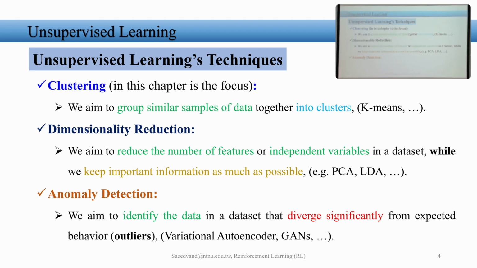On the other hand, the third most common class for unsupervised learning is anomaly detection. Anomaly detection is to identify data that diverge significantly from the main data that we have, or outliers, or noise.